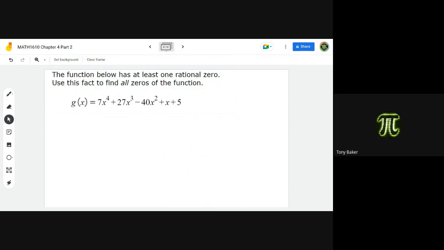So we want to find our rational zeros for this one. How did we say last class we were doing this? We are going to use synthetic division. But how are we going to figure out what we're going to cut out with synthetic division?